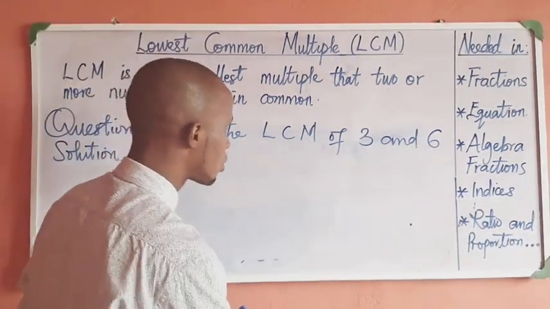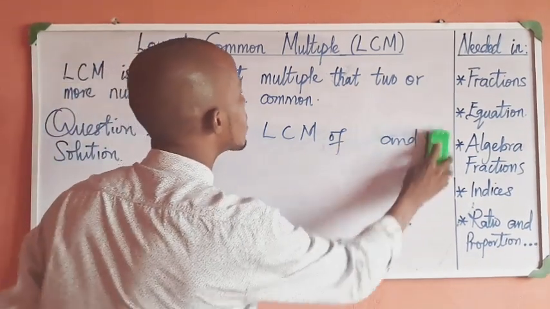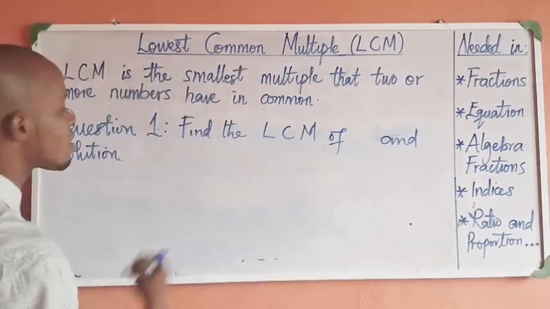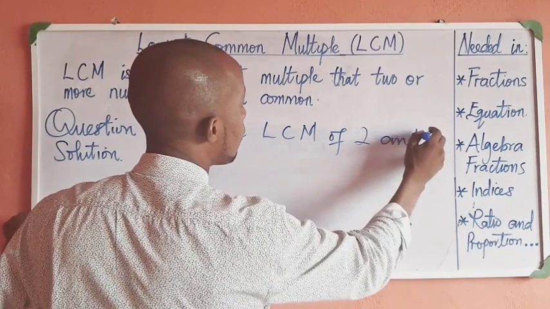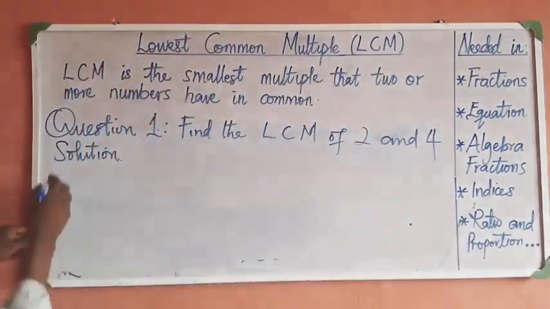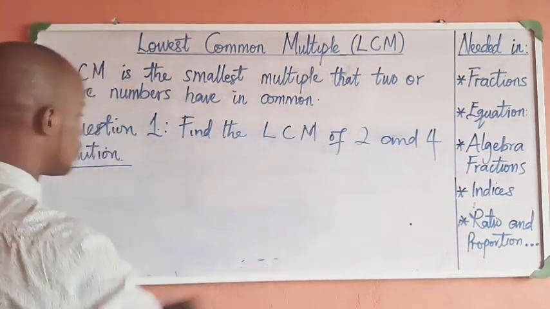Let's assume we are asked to find, instead of 3 and 6, the LCM of 2 and 4, applying the same listing multiple method.